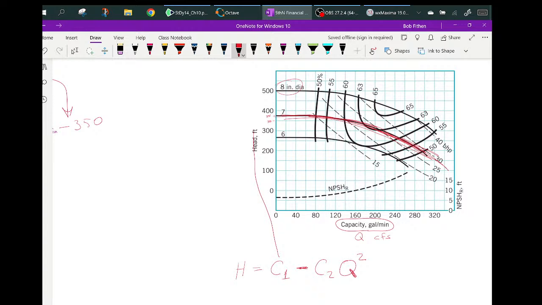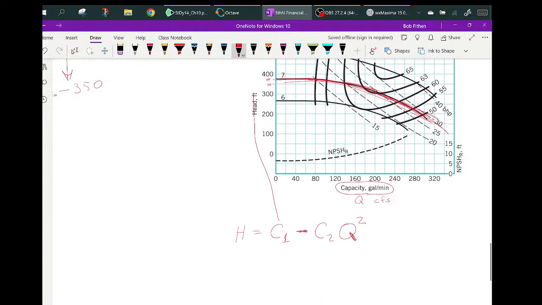Turns out that C1 is easy, because this is basically the head as a function of the flow rate. You increase this, it decreases the head. So if you put in Q equal to 0, in other words, what is the head when Q is equal to 0?